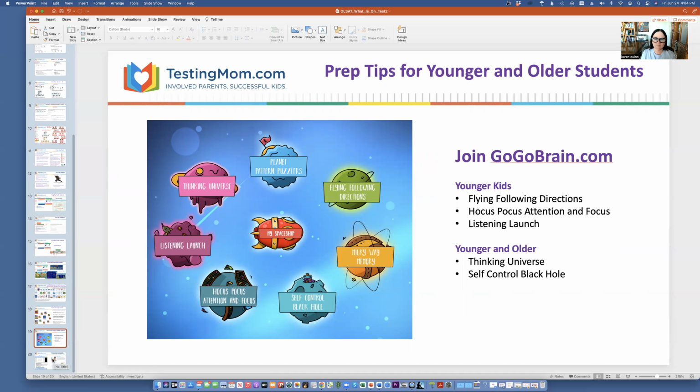So I want to recommend that when you join Testing Mom, you also join gogobrain. It's very inexpensive, I think about $5 a month. It's games, but it covers all of the cognitive skills that are assessed on the OLSAT. So this is actually a very helpful tool for OLSAT.